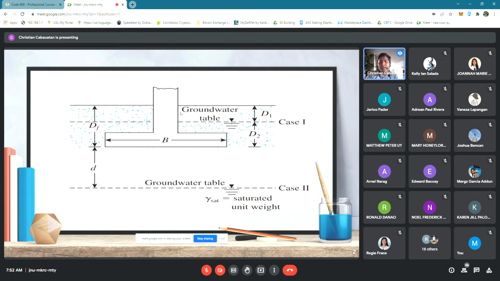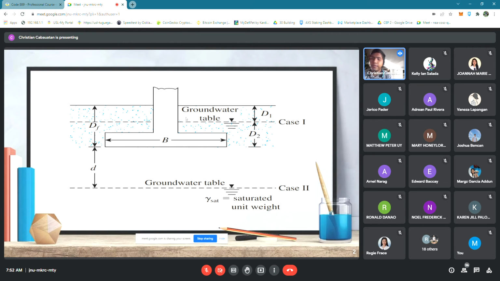Case 2 would be the groundwater level at the bottom of the footing. And there is also a case 3, which is right at the base of the footing.